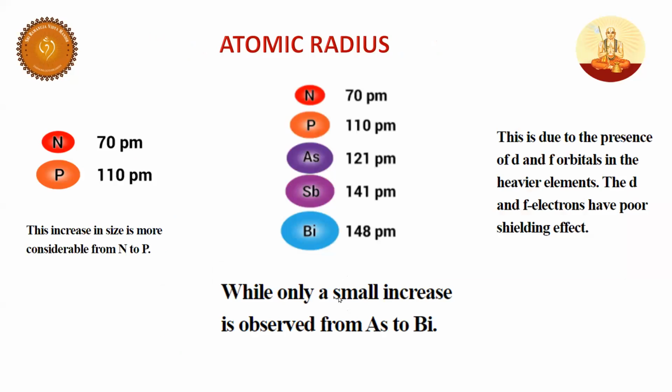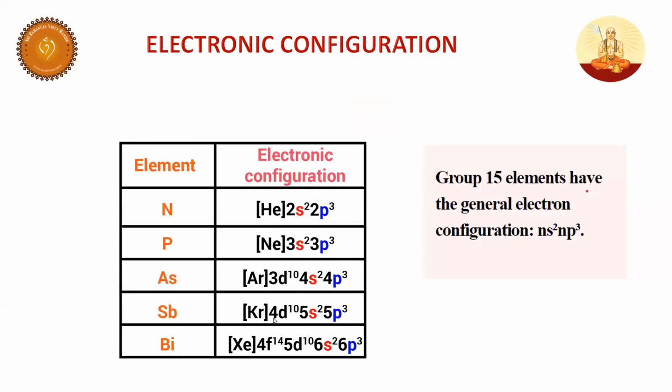Because of the poor shielding, atomic radius slightly decreases, so the electrons are easily attracted by the nucleus. So you can see there is not a significant increase in the radius here, but there is a significant increase earlier. Why? Because of the poor shielding of 3d and 4d orbitals.